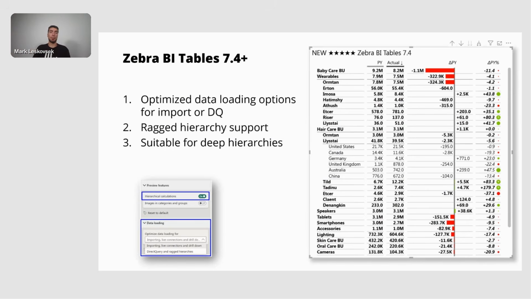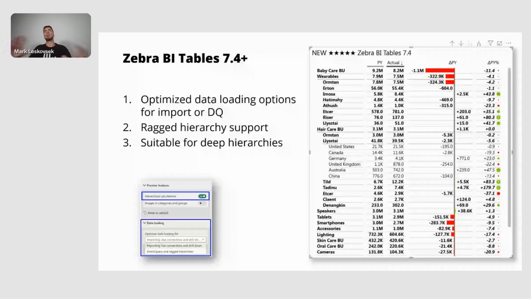Okay, and then we have some specialized cases where you can use specialized tables which allow you to define your loading strategy on the front end of the visual, how you want to load it.